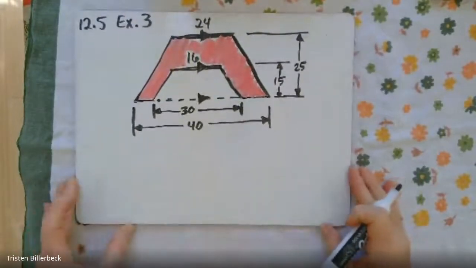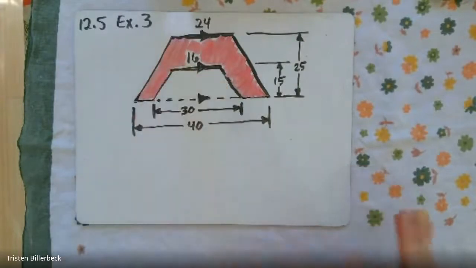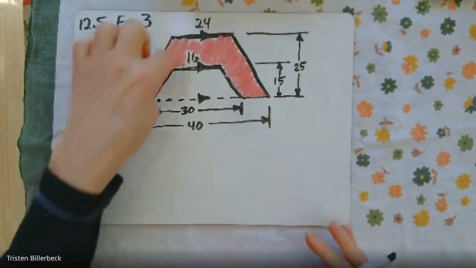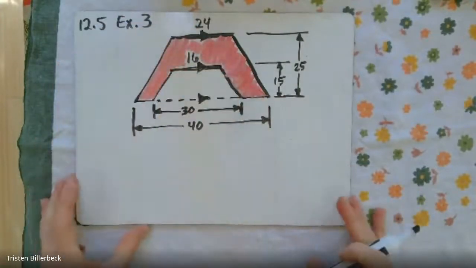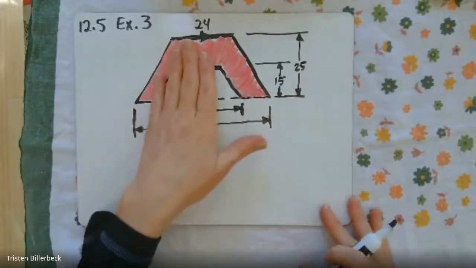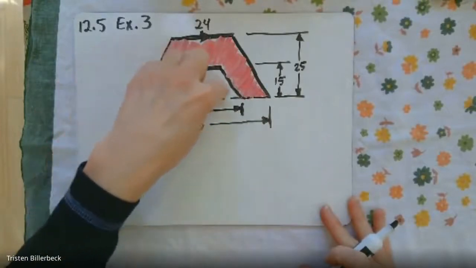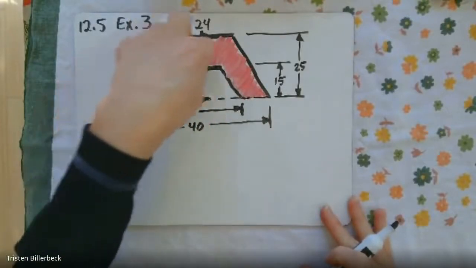All right, this one we have a trapezoid and another trapezoid. Okay, so we just want to find the area of this shaded region. So we're going to take one area and subtract the other area to find out this shaded region.